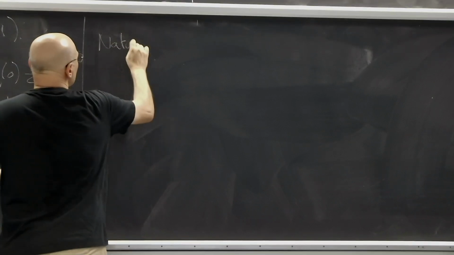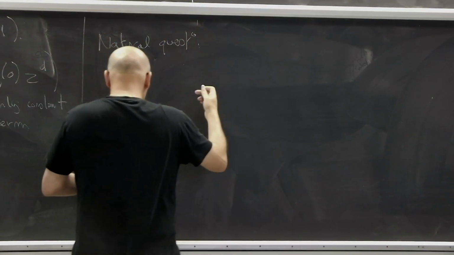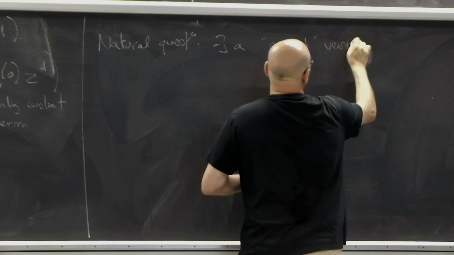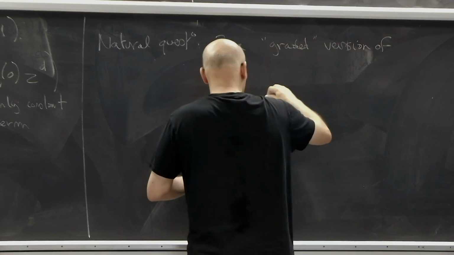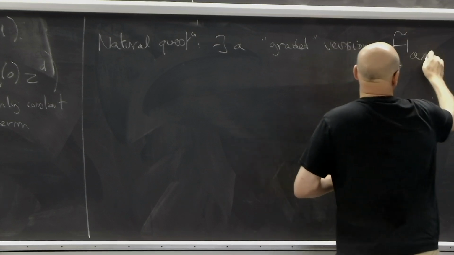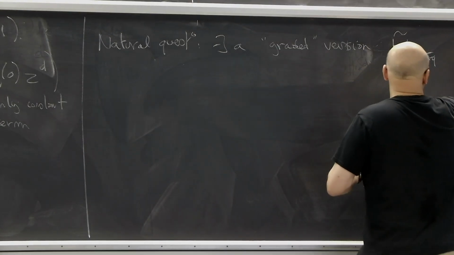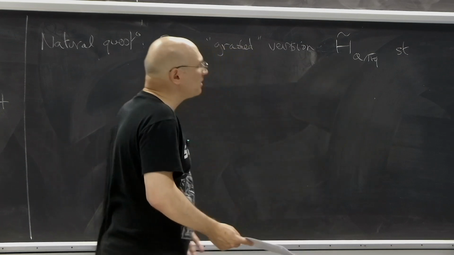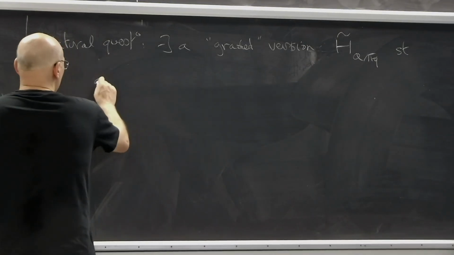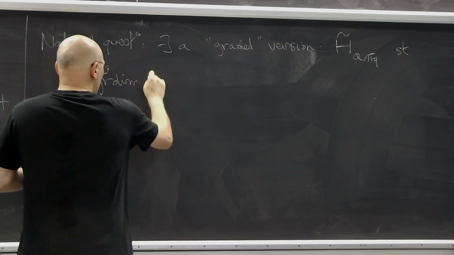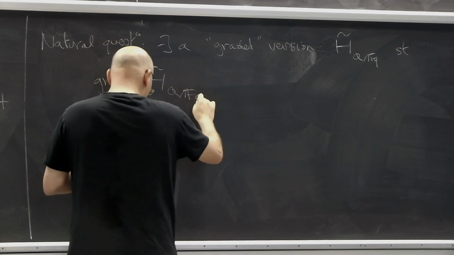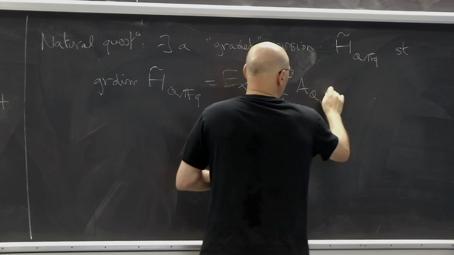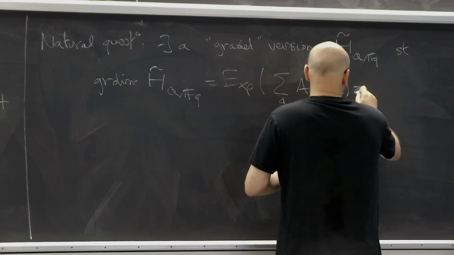So a natural question: does there exist a graded version, let's say H tilde_Q over F_q, such that, by graded I mean not just that the dimension depends on q as a polynomial, but actually an N-graded vector space, such that when I look at the graded dimension of H tilde_Q over F_q, I really get the entire Kac polynomial A_{Q,d}(t), with z to the d.